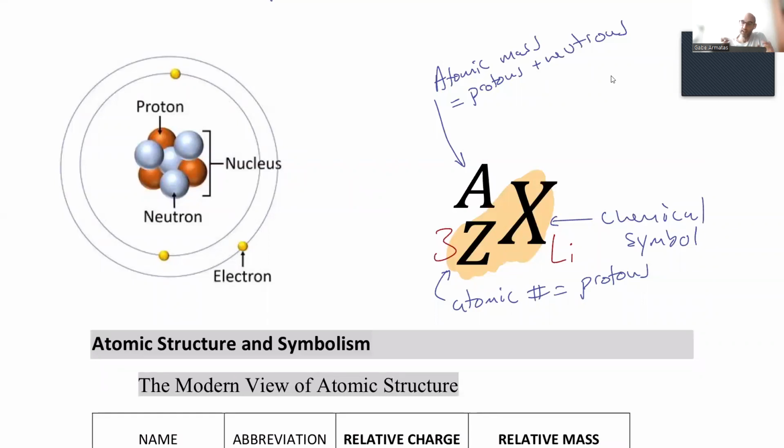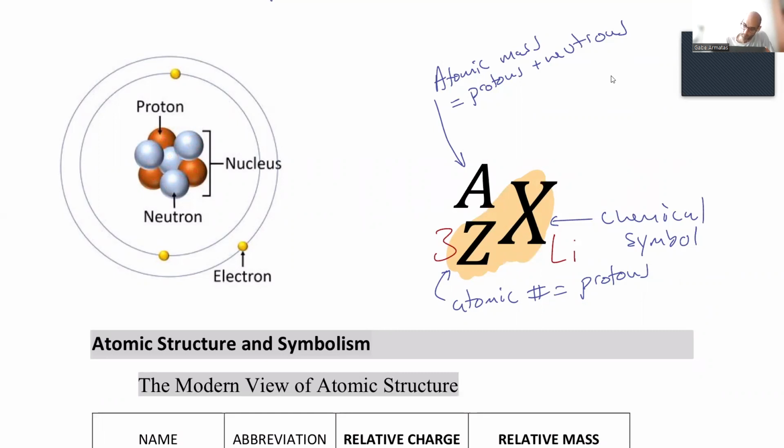Okay. And then finally, the atomic mass, we have to add up all of the particles that are in the nucleus. We don't care about electrons, we just care about the nucleus. So what I have is, again, 1, 2, 3 protons and 1, 2, 3, 4 neutrons for a total of 7. 1, 2, 3, 4, 5, 6, 7 total particles in the nucleus.